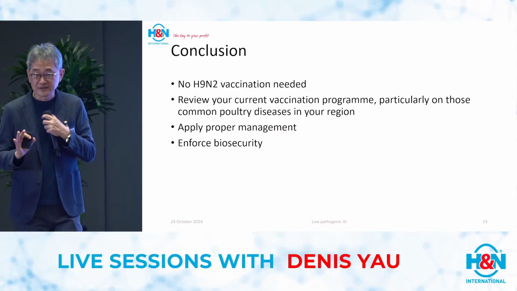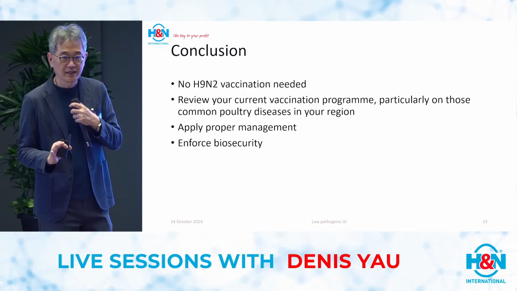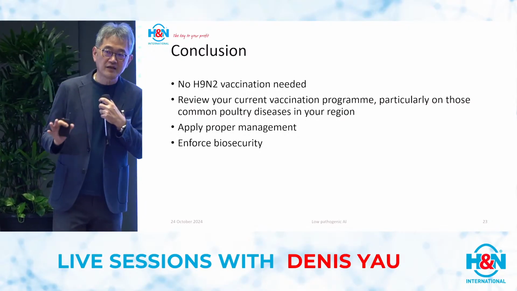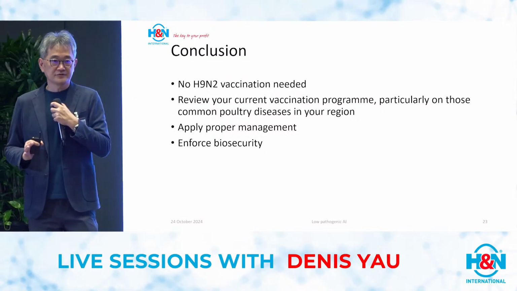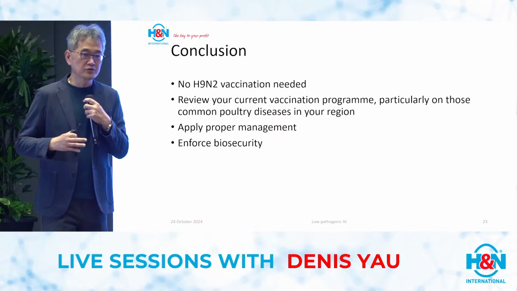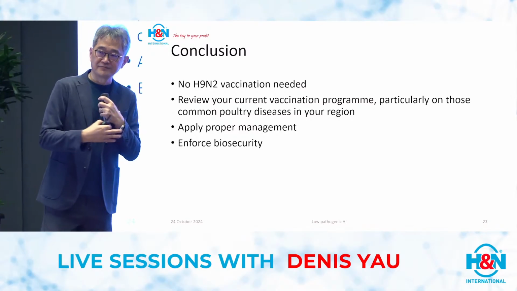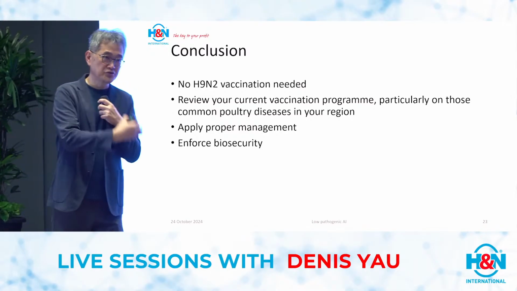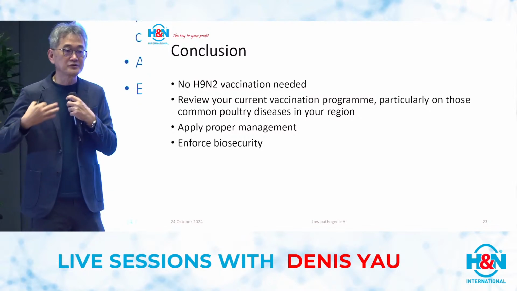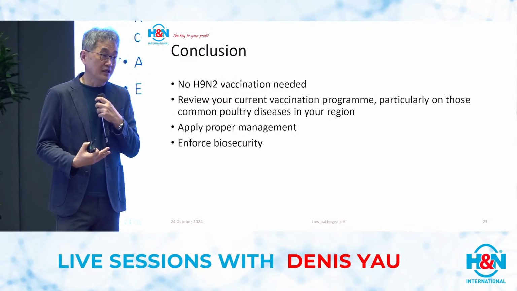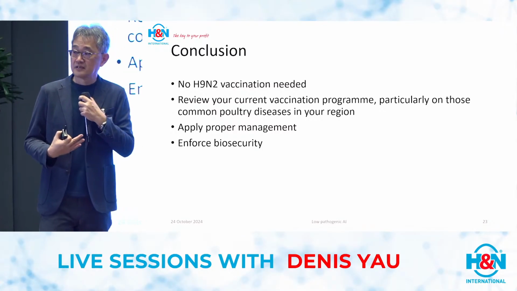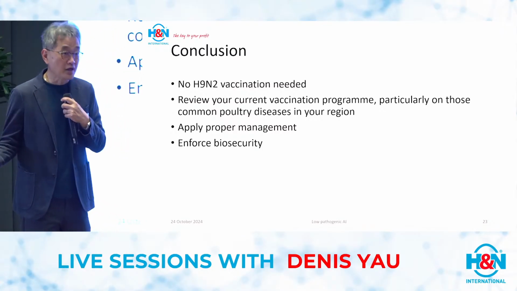And the last one is proper management. As I mentioned, most of the layer farms in Asia are very complicated with different ages because they want to keep egg supply every day. So they have non-stop production. So you can imagine every day in the year, eggs are delivered to the market.